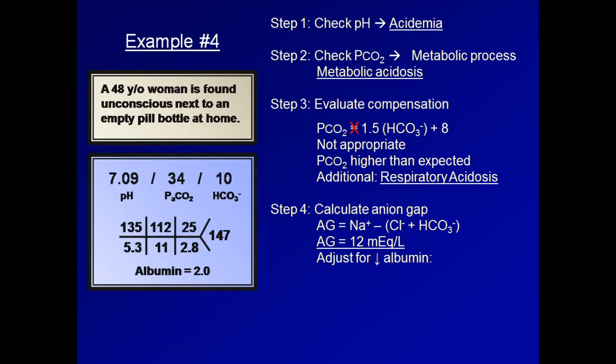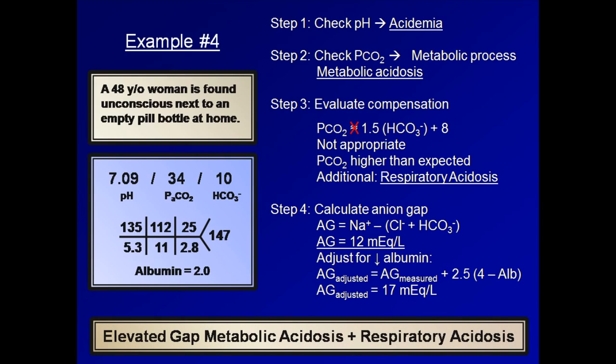The anion gap adjusted equals the anion gap measured plus 2.5 times the difference between 4 and the measured albumin. For this patient, this will be 12 plus 2.5 times 4 minus 2. Therefore, the adjusted anion gap is 17, and our final diagnosis is an elevated gap metabolic acidosis and a separate primary respiratory acidosis.